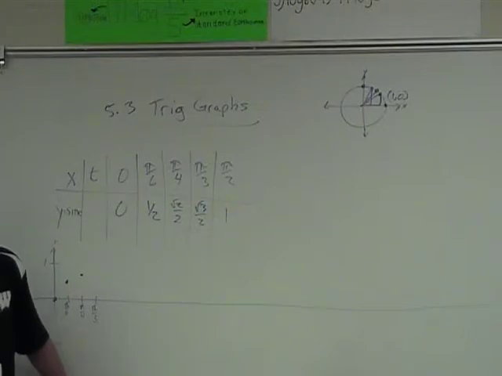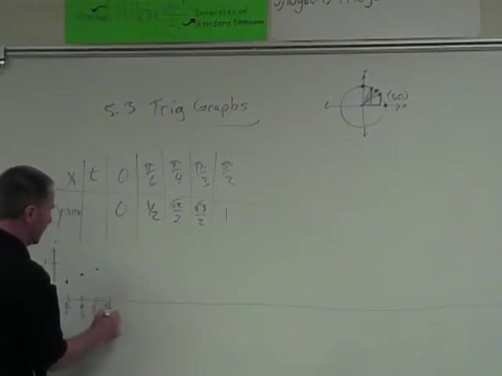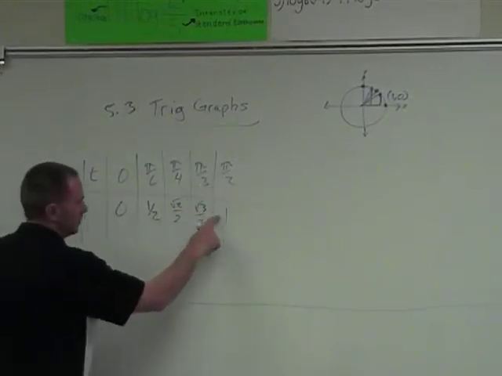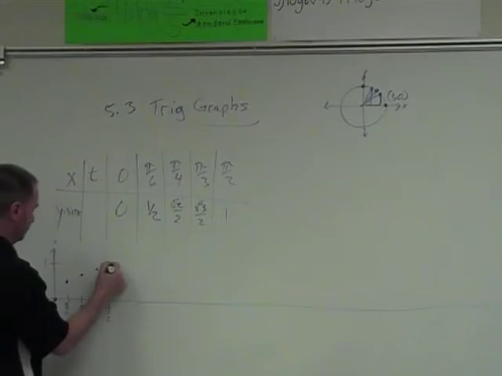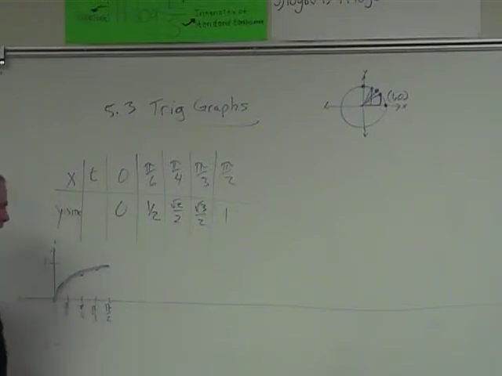Square root of 3 over 2. 0.86. We'll call it 0.9 for now. And then we're at pi over 2 at 90 degrees. Y is 1. So this looks like this. Close enough. Okay? And we're going to go until this repeats.